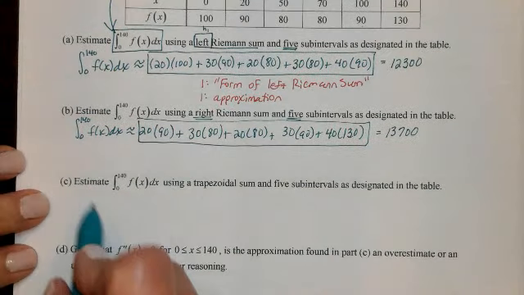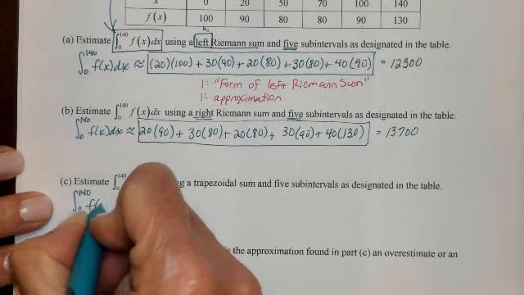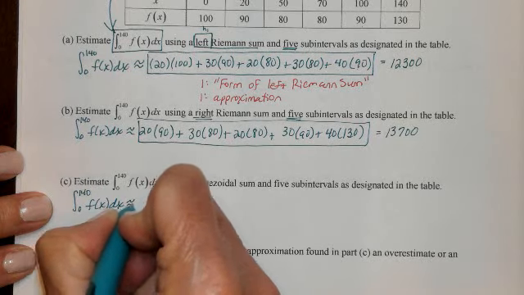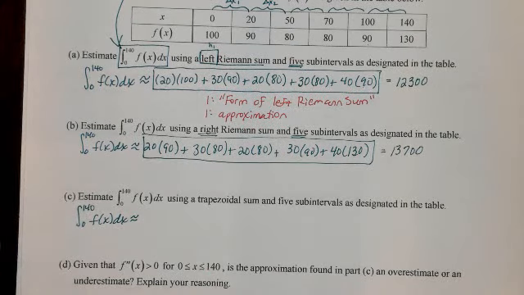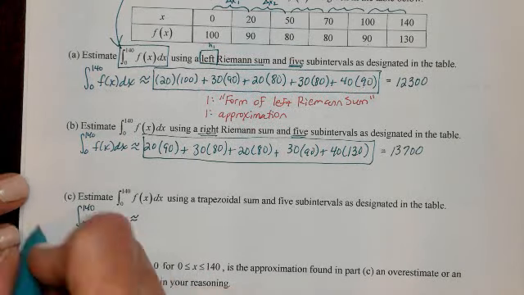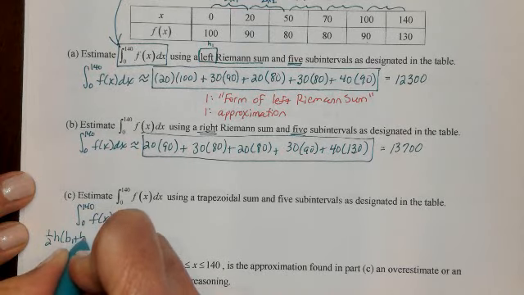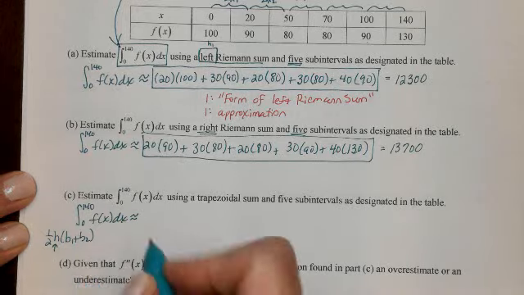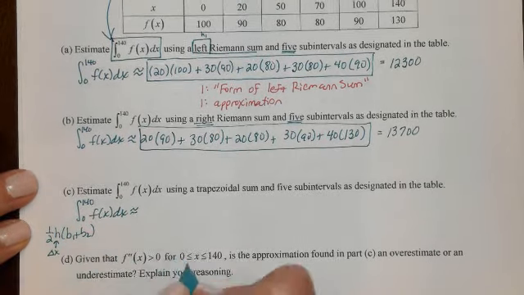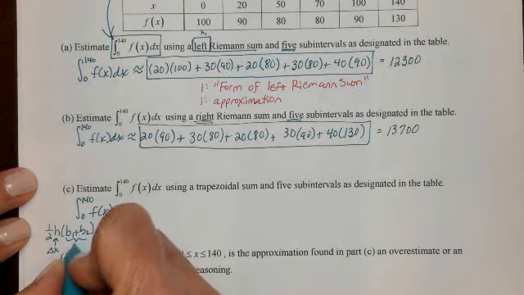Part C. Let's estimate this, this time using a trapezoidal sum. Trapezoidal sum. Okay. Well, remember, for a trapezoid area, the formula is 1/2 the height times the sum of the bases. But for us, the height of the trapezoid is our delta x, each delta x. And the bases are our function values.